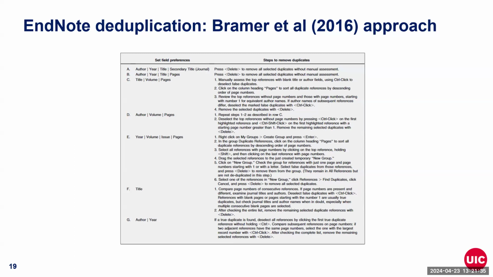It's interesting, it's very thorough. A lot of librarians have used it, but there's definitely a learning curve, and you'll see that there's A through G processes, and there are even some additional steps before you get to here. So it's quite a few steps and does take quite a lot of time.